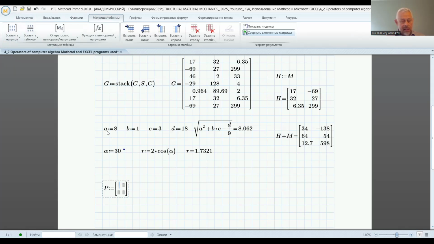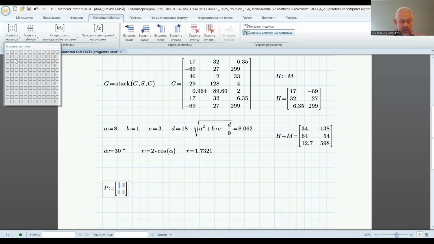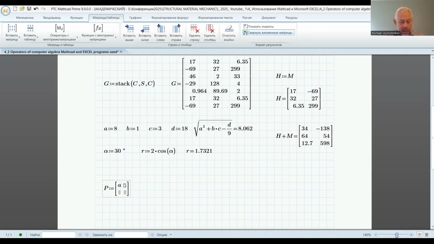Next, I assign just the magnitudes, for example, A, B, C, D. I assign just a letter A, and again assign the 2 by 2 matrix. The first element is A, second B, then C, then D. Okay, what is P equal to?